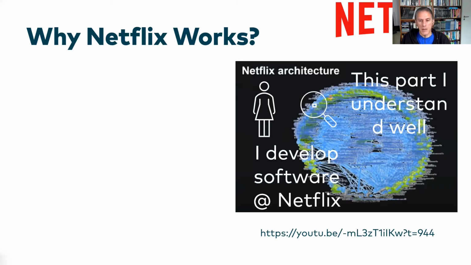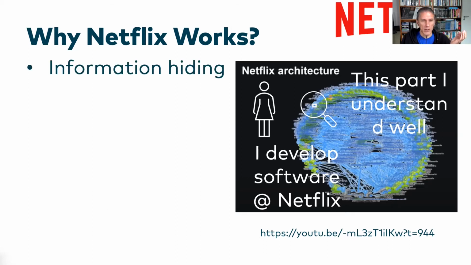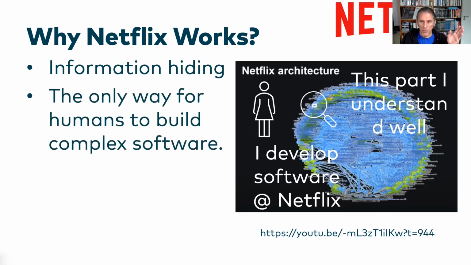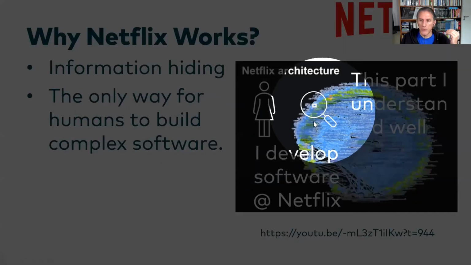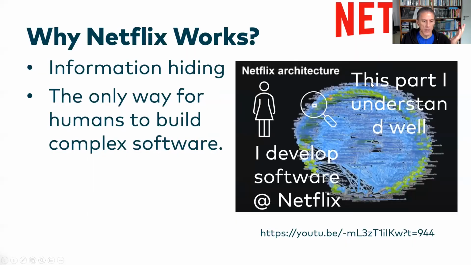And that means that we are probably seeing a victory of information hiding here, because the only way a human can build software in this environment is by limiting the knowledge that is required. So there is no way to understand everything. So we have to have limited knowledge. And that is actually the only way for us as humans to ever build complex software.